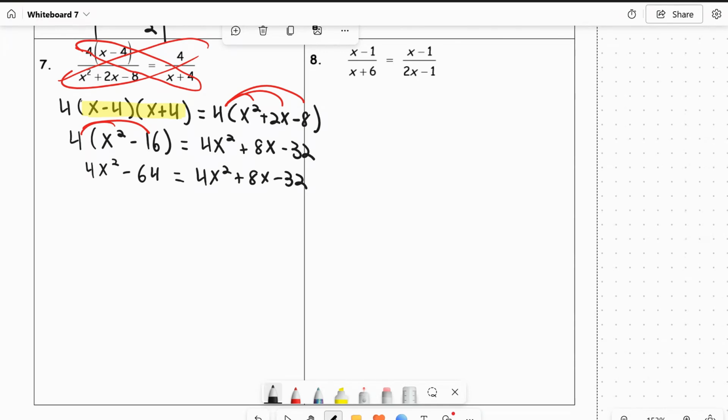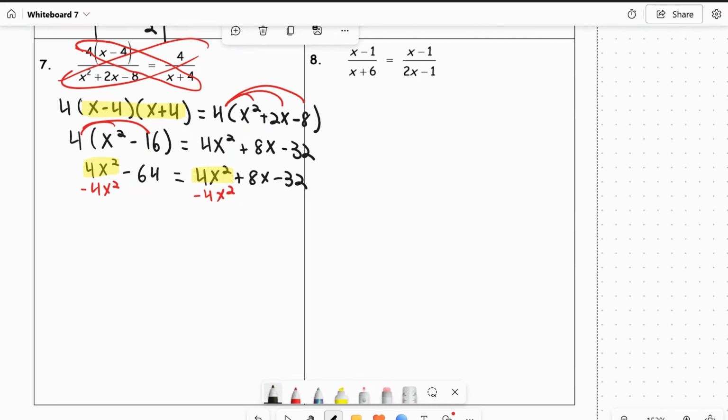Okay, once again, I have a quadratic here. But I'm noticing both of my x squareds are the same value. So they are going to cancel. So I'm going to leave the 64 over, and I'm just going to subtract my 4x squared.